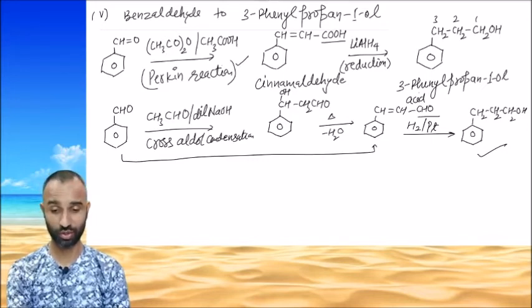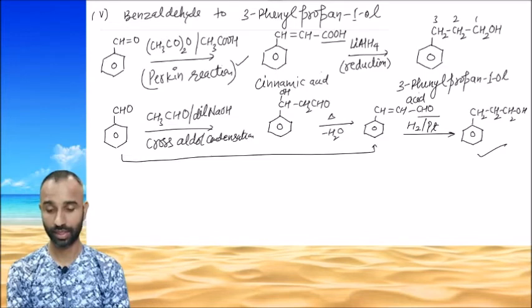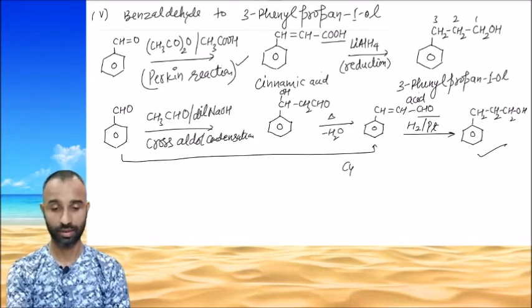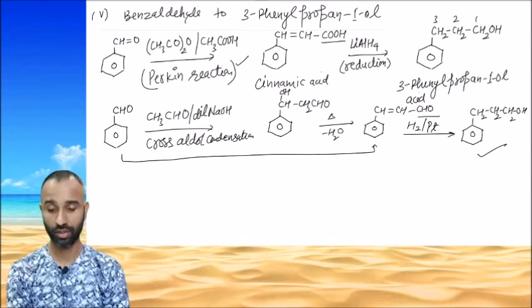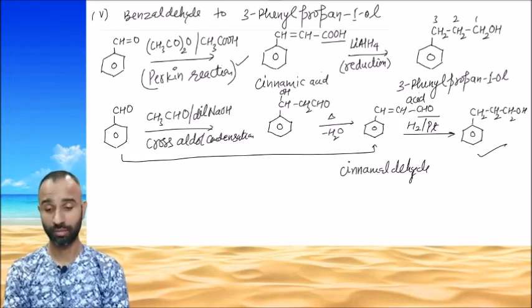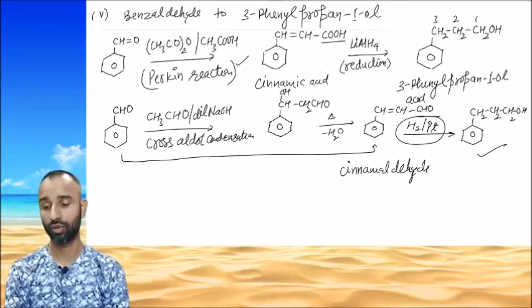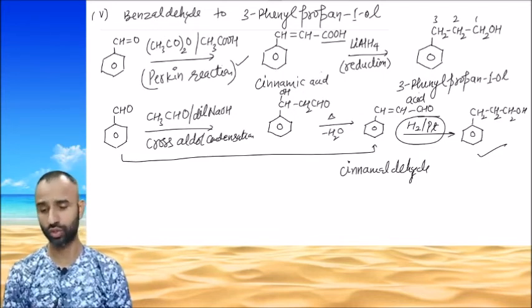So in Perkin reaction we get cinnamic acid, but in cross aldol condensation we get cinnamaldehyde, and you can use H2/Pd to give alcohol or lithium aluminum hydride, whatever you wish to use.